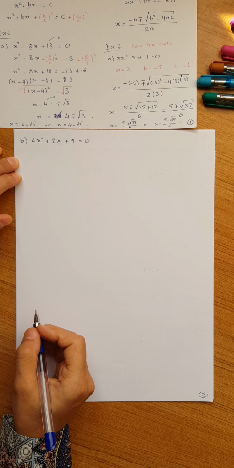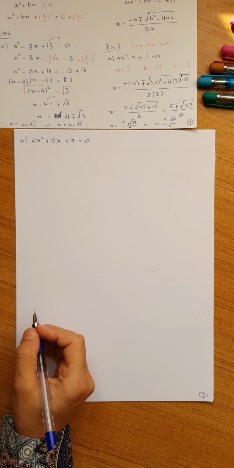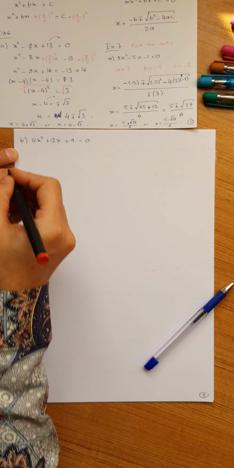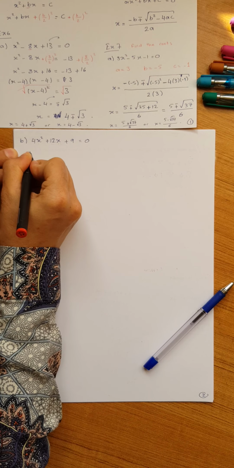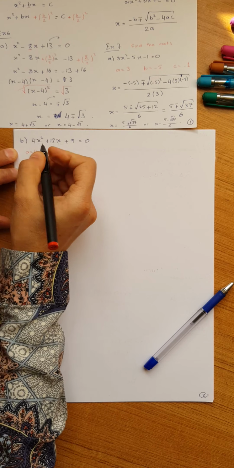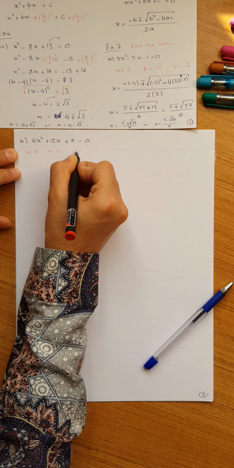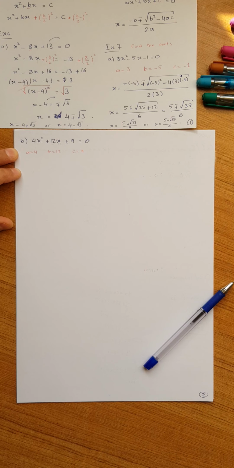How do you find the solution for this one? Again, using quadratic formula, we have to identify a, b, and c. A is equal to the coefficient of x squared, which is 4. B is equal to 12, and c is equal to 9.